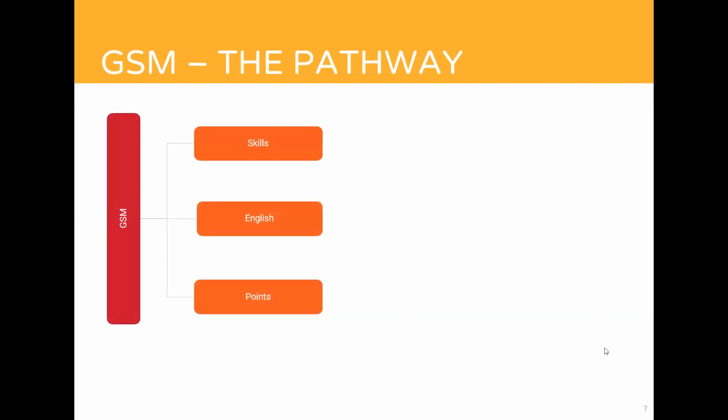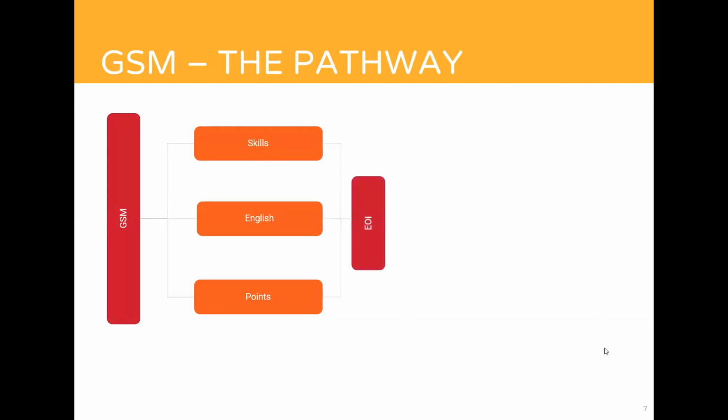So let's look at an overview of the different elements that form part of the GSM process, and we will go through each step in due course. The three fundamental criteria are nominating an occupation and obtaining a skills assessment, meeting the core English requirement, and achieving the base level of points.